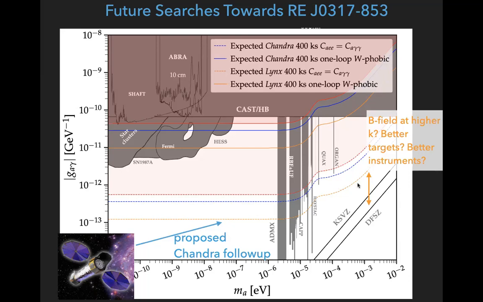But close to the white dwarf, it's known that there are higher harmonic contributions, which bring in additional structure in momentum space, structure in k, and then the axion can scatter off of that structure in k, and we know that that can push these sensitivities up to higher masses. And so I think it would be interesting to try to model that magnetic field structure at higher spatial resolution to see if our sensitivity actually isn't better than we think it is at the moment at higher axion masses.